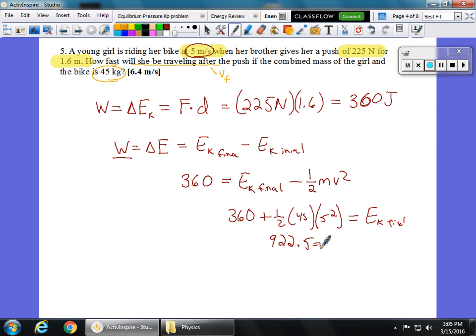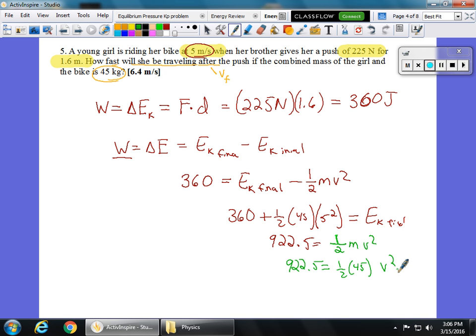Well, we also know that that's equal to 1/2 mv squared. Well, we already know her mass, that part hasn't changed. So we can say 922.5, her final kinetic energy, is equal to 1/2 times 45 times her final velocity squared.